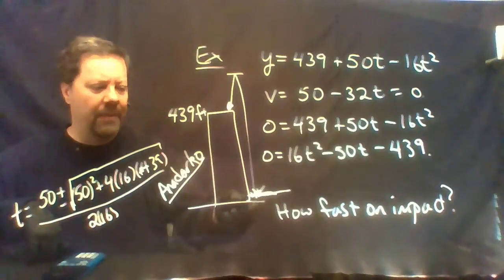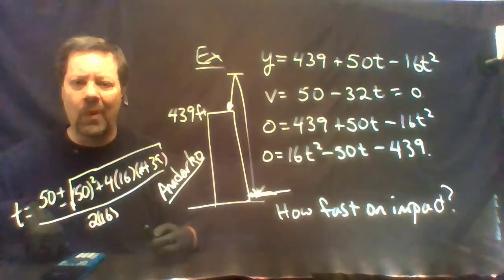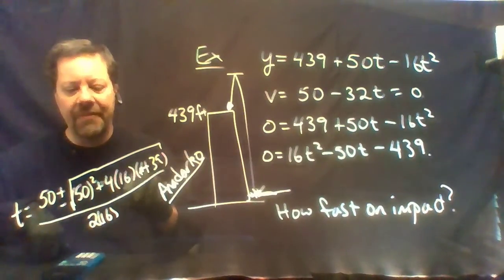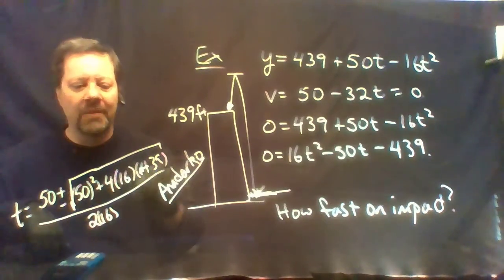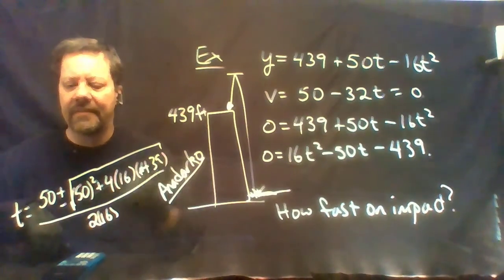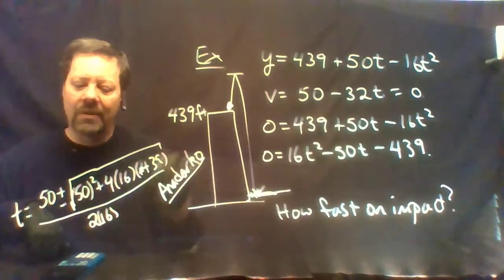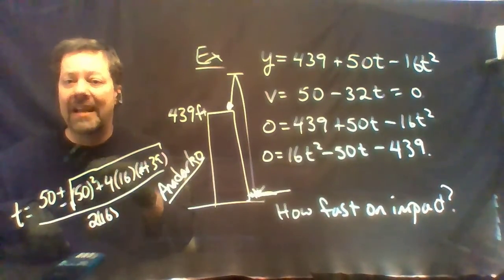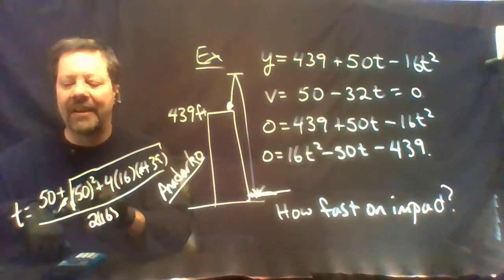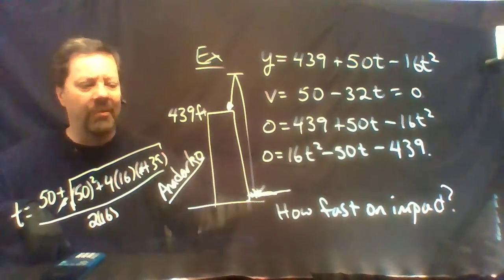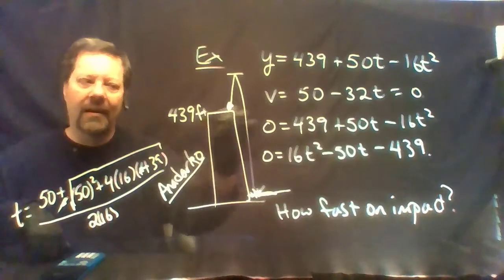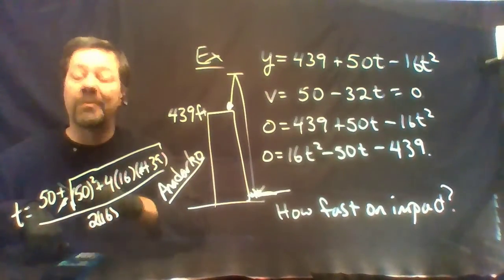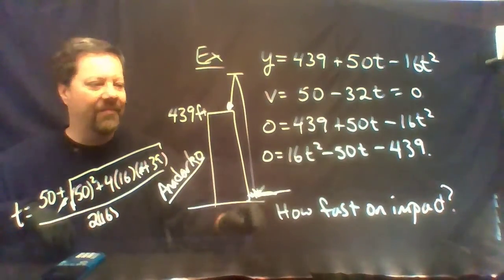Only one of these times represents when the ball hits the water. And if you think about it, if I have 50 squared plus some positive stuff, when I take the square root, I'm going to have something bigger than 50. Subtracted from 50, that'll be negative. I don't want the negative time, because that's some time prior to when I threw the ball. I want the positive time, so it's going to be plus, not minus.